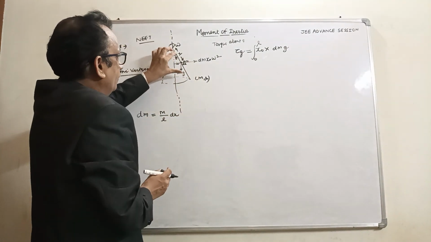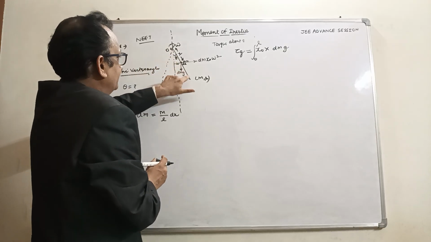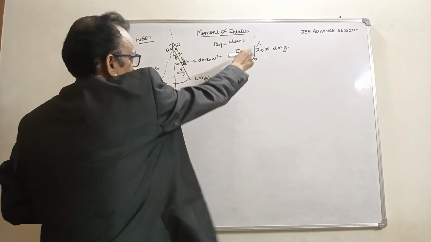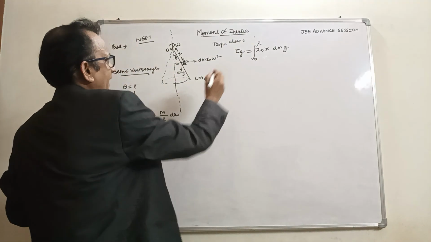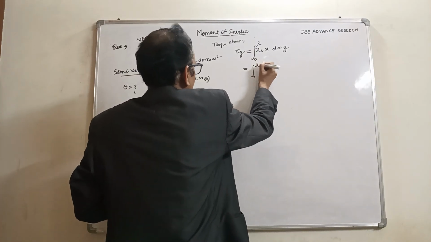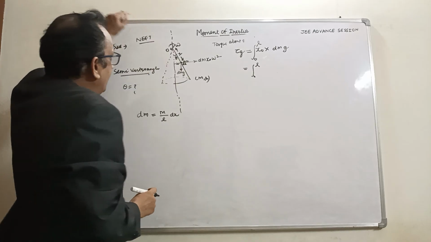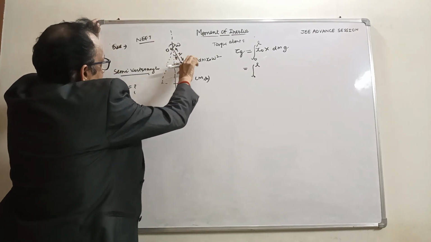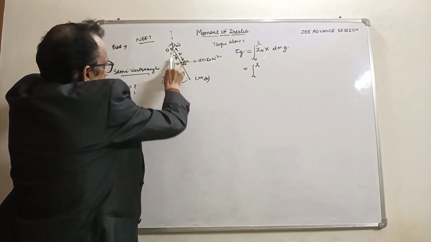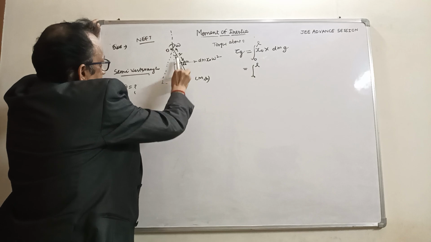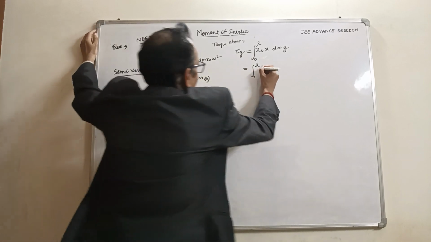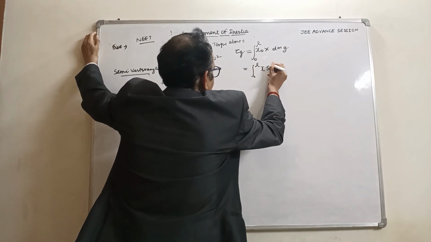So we get the torque for the dm mass, and we add all the torques on this limit 0 to L. So this is the integration here, and we write here the limits 0 to L. X naught would be x sin theta. This is perpendicular, this is base, this is hypotenuse. X naught would be x sin theta.